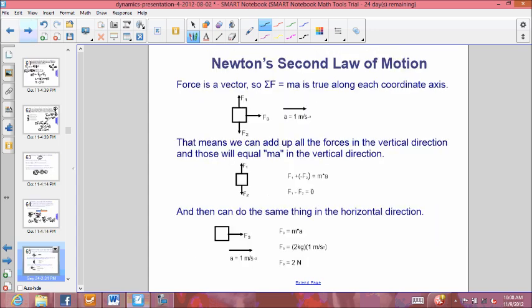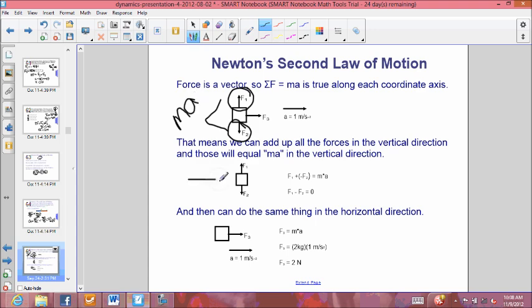Now, force is a vector, so sigma F equals ma is true along each coordinate axis. This means we can add up all the forces in the vertical direction, as those will equal ma in the vertical direction. If you look, we have F1 over here and F2 over here. These added together have to equal ma vertically.